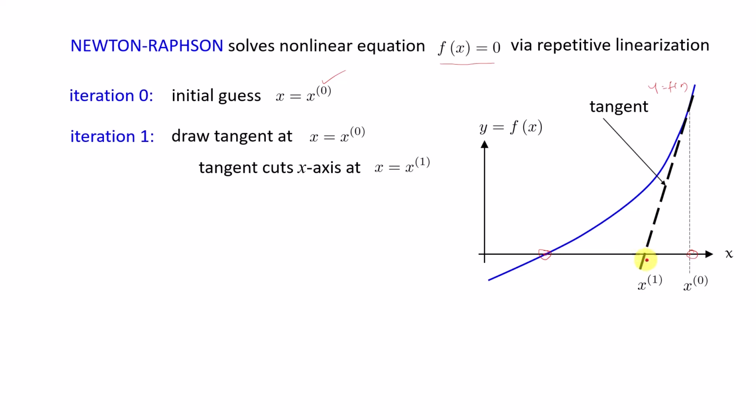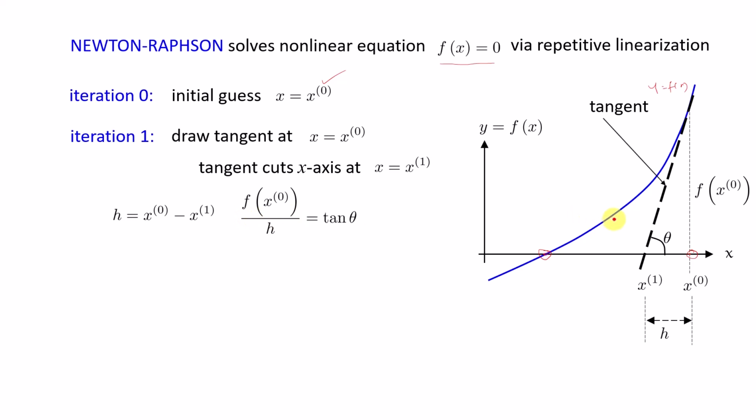Now, how do I know this x1, assuming that I know this x0? The distance between x0 and x1 is h. So this is our h, and we have to figure out what this h would be.